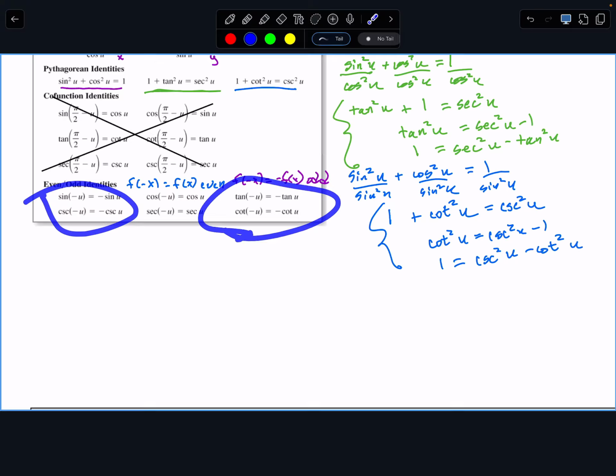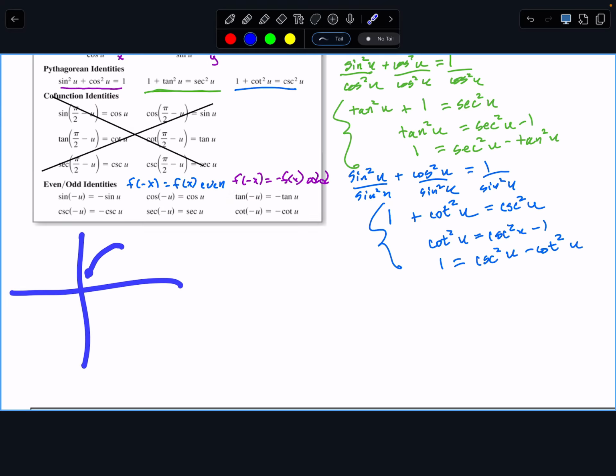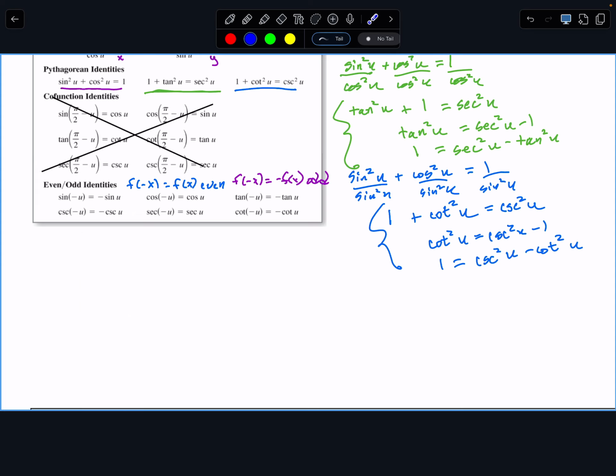And so the definition of odd is that f of a negative x comes out the opposite of f of x. For sine, the sine graph looks something like this from negative pi halves to pi halves. If I put a positive x in, I get a positive height, but if I put the negative x in, I get a negative height, the opposite of it. And that's what's happening with the odd functions. So when I see sine of a negative u, it is not that I'm taking the negative out in front. That is not what's happening, because notice if that was the case, then this would come out to a negative cosine u, and it doesn't.